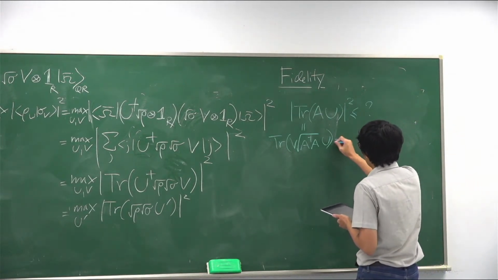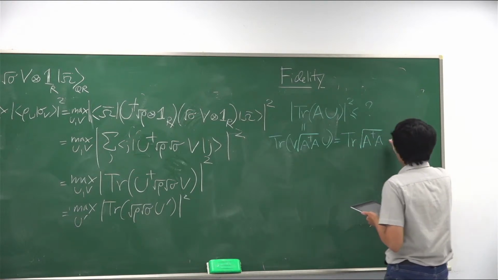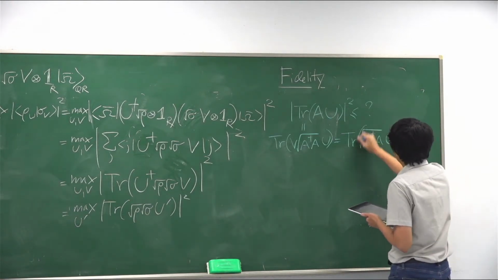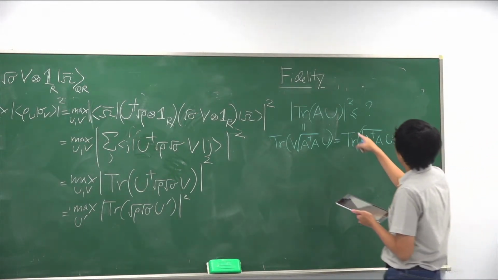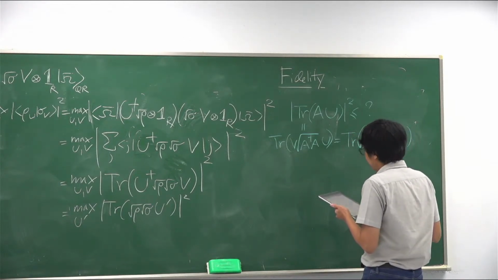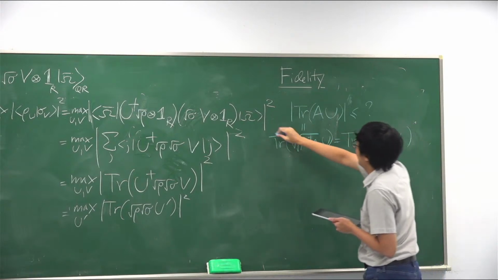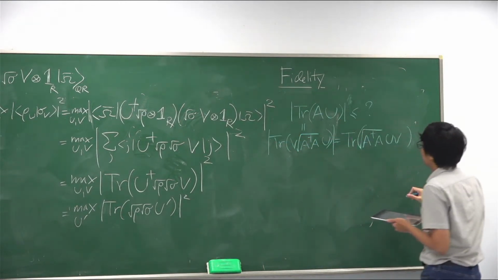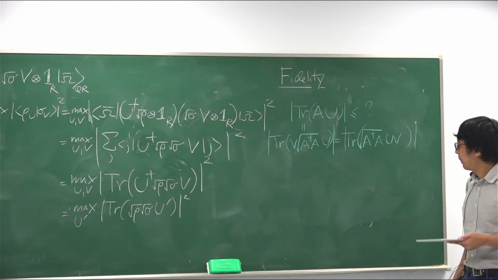And then I can move this V to the other side as well. Yes, for simplicity, I guess we can ignore the square, the power, first. Okay.